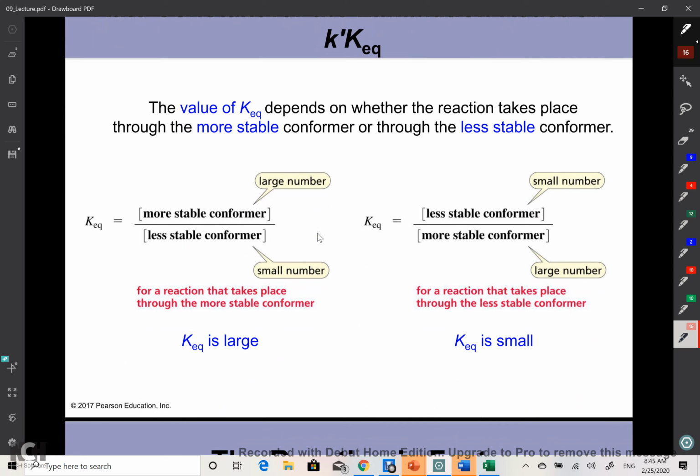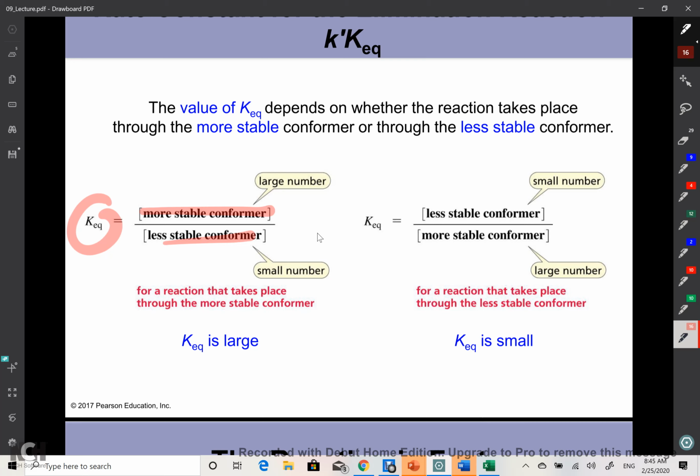And so the rate constant of an elimination reaction in the cyclohexane is proportional to the equilibrium constant. Remember, equilibrium constant has to do with stability. Okay? Now, the equilibrium constant for a cycloalkane is given by the concentration of the more stable conformer divided by the concentration of the less stable conformer.